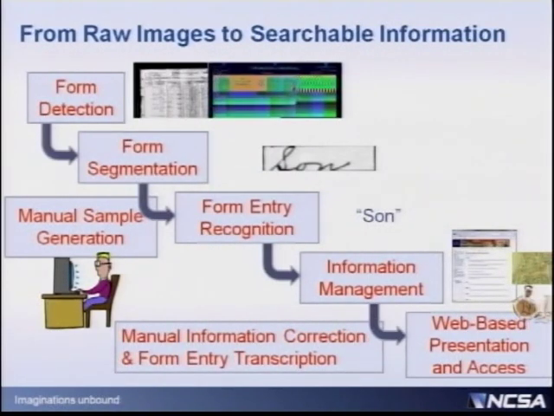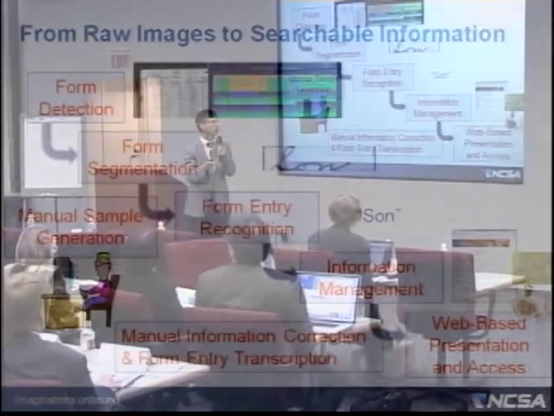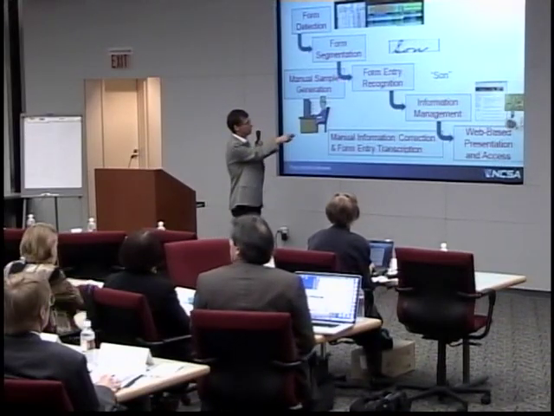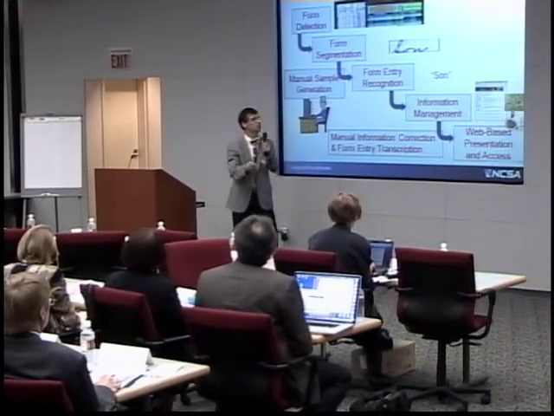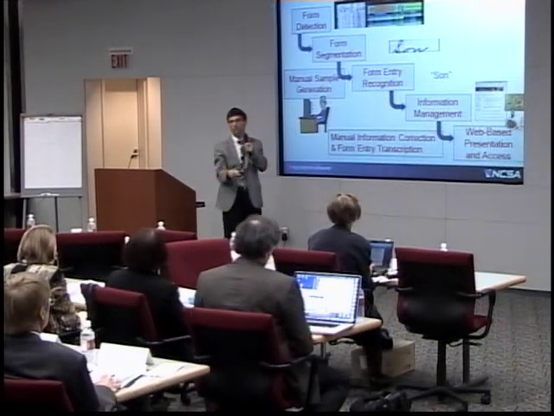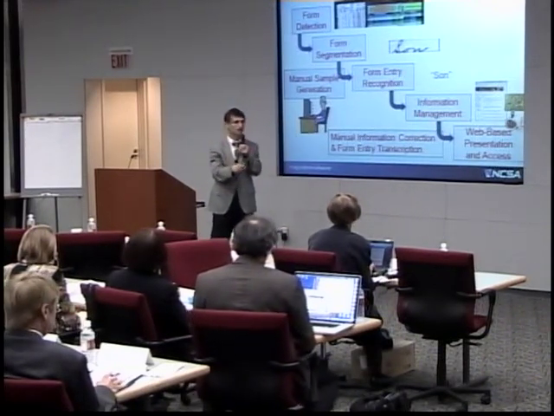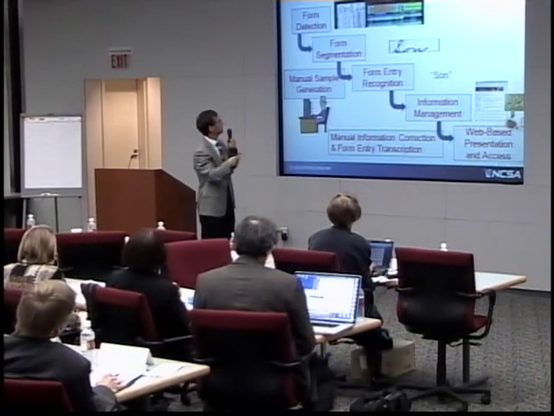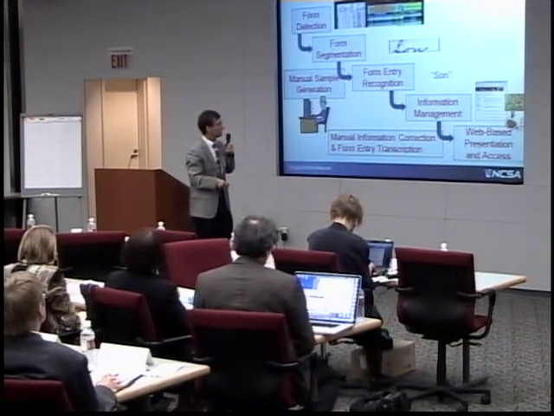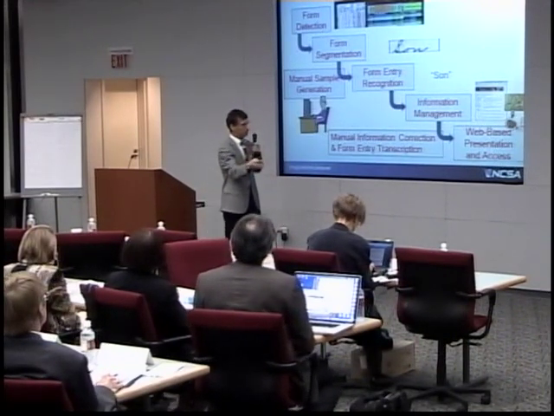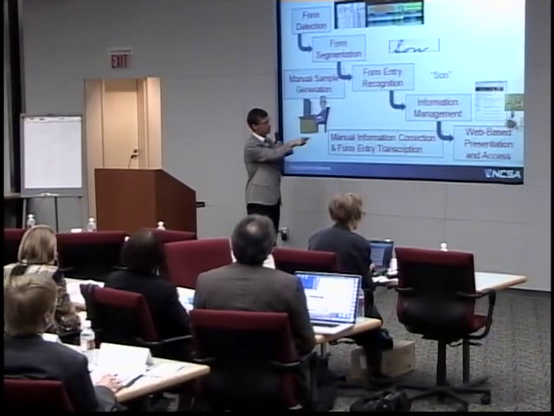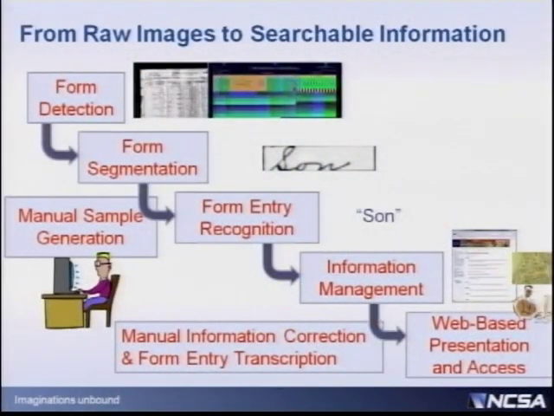And then once you extract that information, you have to somehow manage it. You have to know that that particular entry, the string sun, came from a form, let's say for Champaign County, and it was associated with the name and address and so forth. And eventually you want to make it accessible, available on the web, right? So that's the web-based presentation and access.